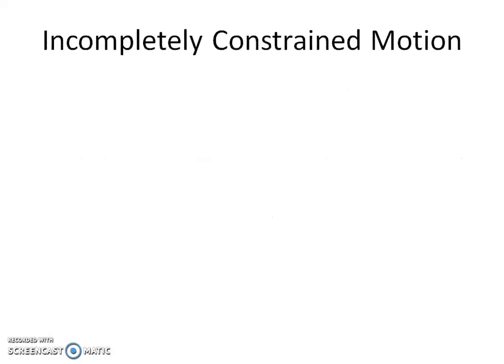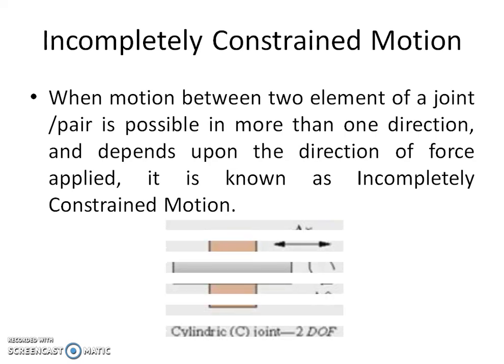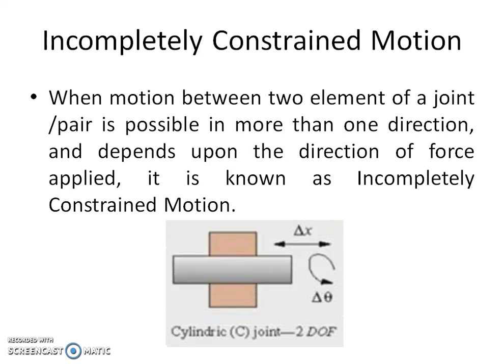Incompletely constrained motion. When motion between two elements of a joint is possible in more than one direction and depends upon the direction of force applied, it is known as incompletely constrained motion. An example is a cylindrical joint.